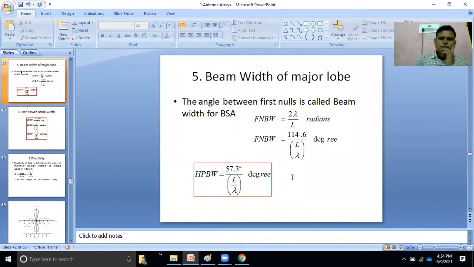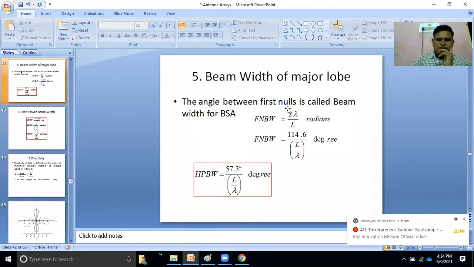Similarly, the beam width of the major lobe. The angle between the first nulls is called the beam width of the broadside array. The angle between the first nulls is 2λ by L, that's why this is the first null beam width. Half of the first null beam width is called the half power beam width. We already know these things.